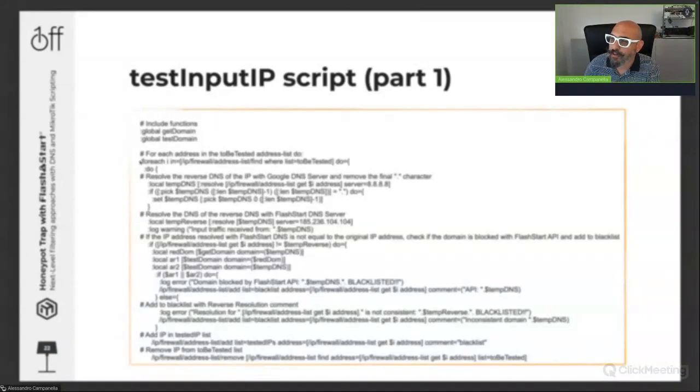And the script is a for each loop. For each address in the address list to be tested, do you remember we created it with the firewall? What we do, we ask Google, which is the reverse DNS.